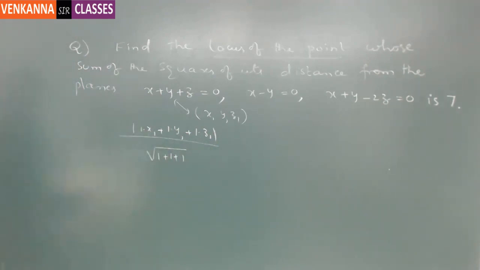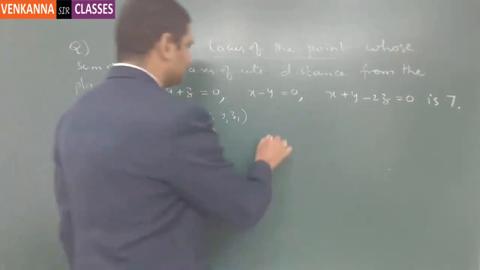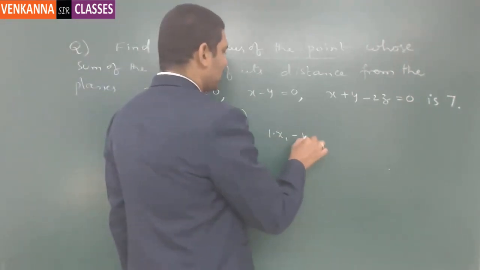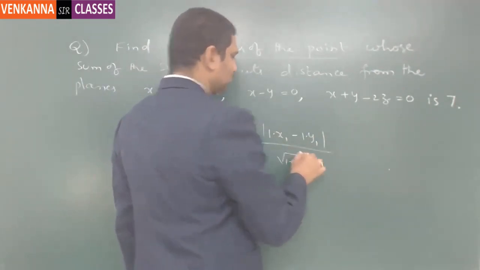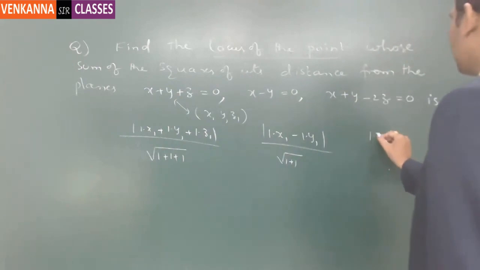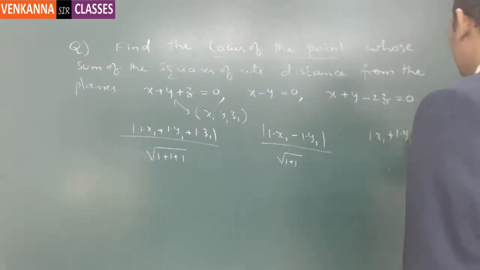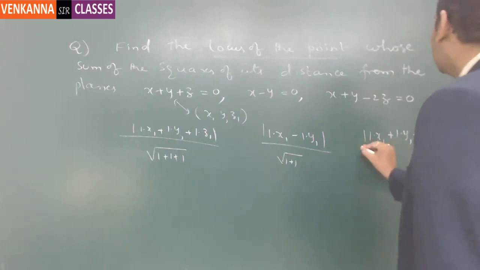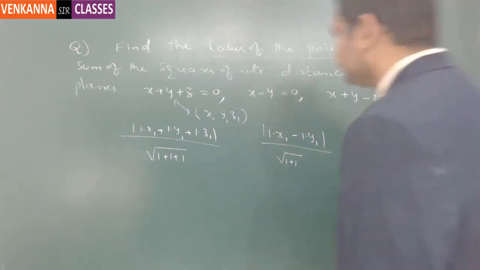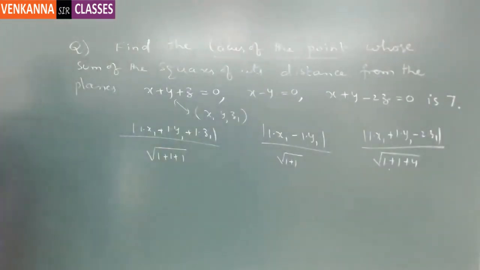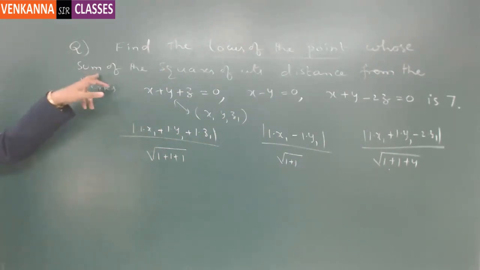Similarly, for the second one, the distance is modulus of 1 into x1 minus 1 into y1 by square root of 1 plus 1, and for the third, the distance is modulus of 1 into x1 plus 1 into y1 minus 2 into z1 by square root of 1 plus 1 plus 4. So it is nothing but the distance from the point to the plane. Now you have to consider the square of each distance and add them. The result is nothing but 7.